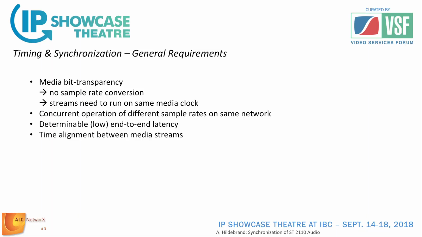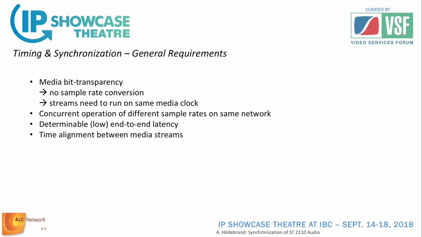Furthermore, we want to have a determinable and most probably also a low end-to-end latency on a network. Determinable means something we can predict. We can settle on and fix it to a certain value, and of course low latency, because we don't want to wait for 2 seconds before we can process the incoming audio.